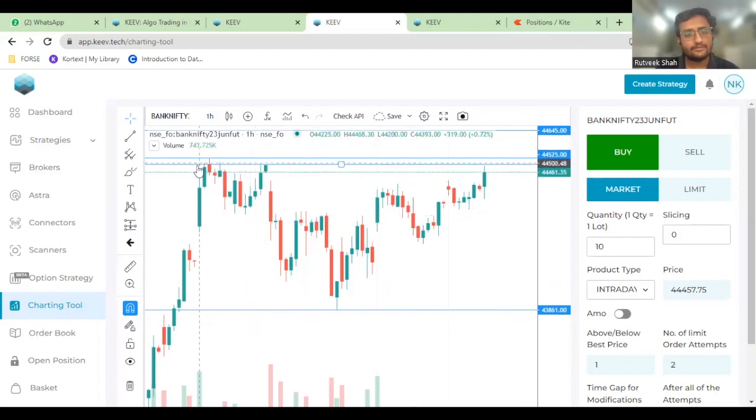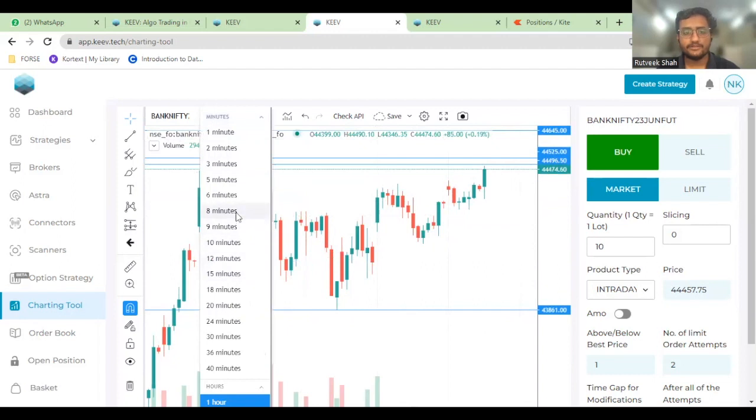As you can see from points 1, 2, and 3 here, after all these 3 points, there has been a downtrend. So this can be seen as a short-term resistance for Bank Nifty for today.